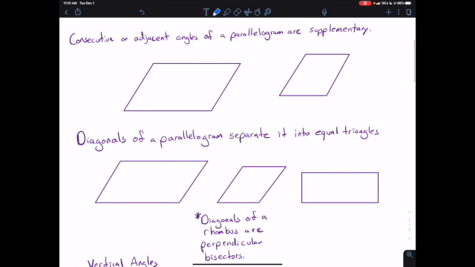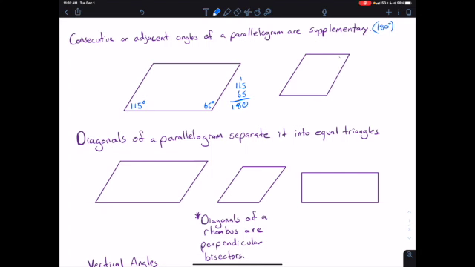All right, consecutive or adjacent angles of a parallelogram are supplementary. So if this one is 115 degrees, this one has to be 65 degrees, because these are consecutive or adjacent. They're right next to each other. 115 and 65 make 180 degrees, which is supplementary, in case you've forgotten that.